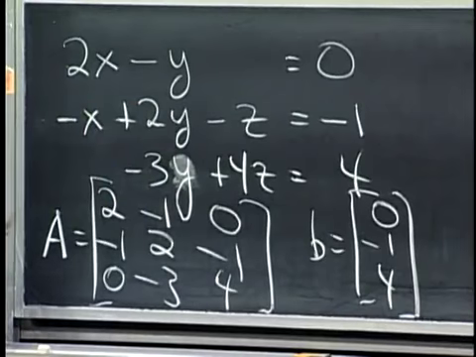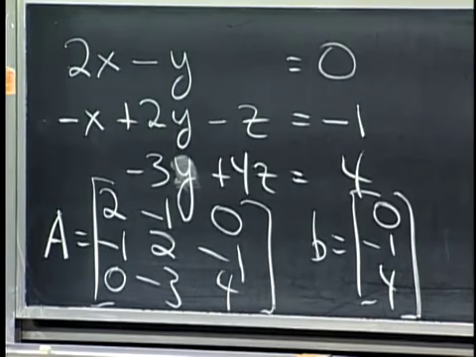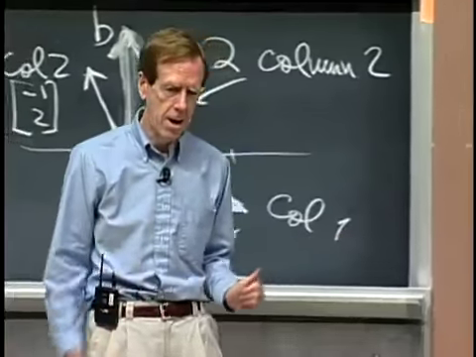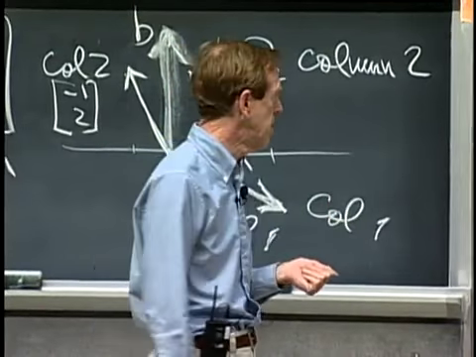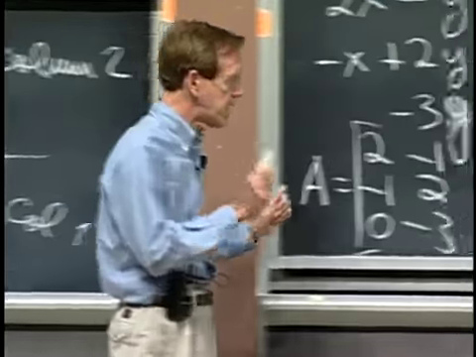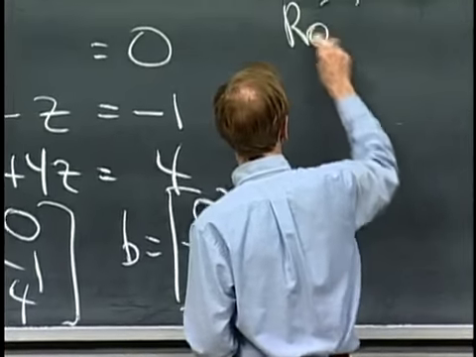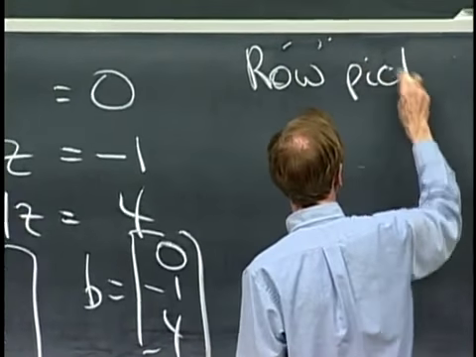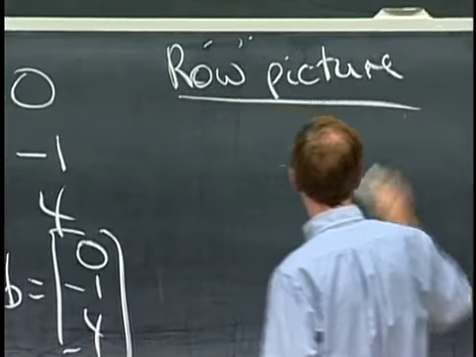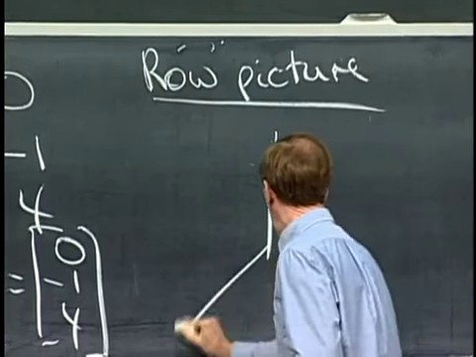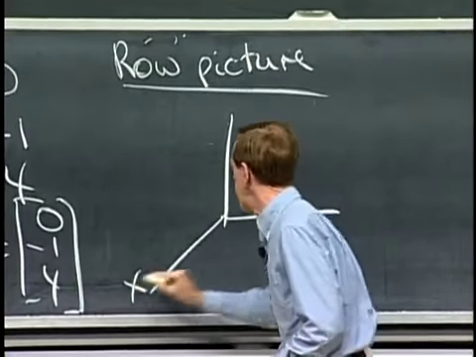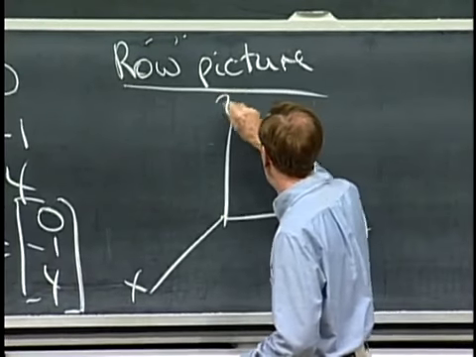Okay. So that's the shorthand to write out the 3 equations. But it's the picture that I'm looking for today. So the row picture. All right, so I'm in 3 dimensions, x, y, and z.